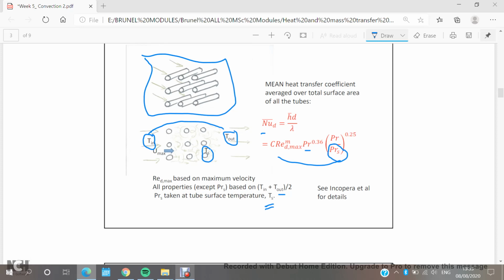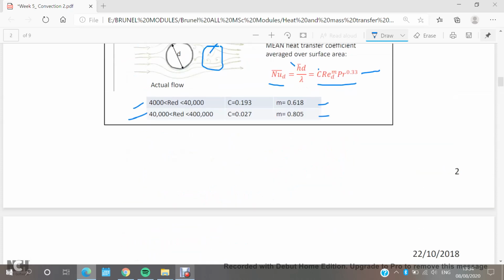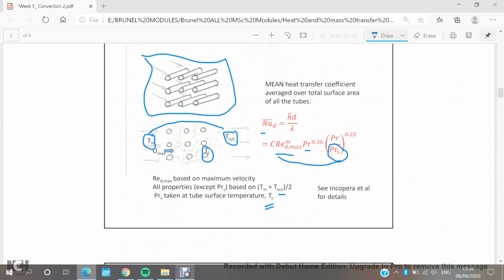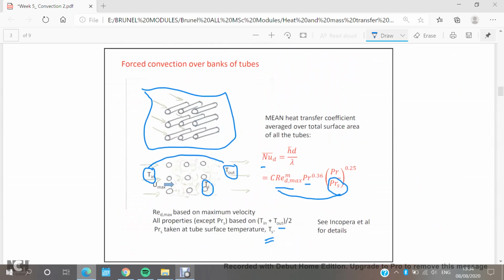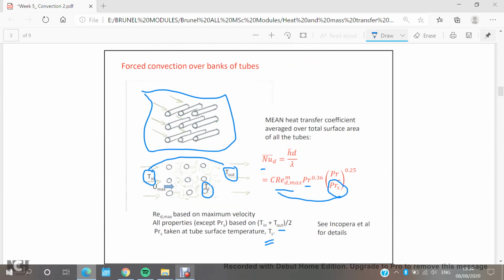I can calculate the Nusselt number easily from this equation by having the Prandtl number and the Reynolds number with respect to diameter, and I have here m and C, which are given by values from the table above, based on the type of flow itself, like laminar or turbulent. Great, so by knowing the heat transfer coefficient, I can calculate the heat transfer rate between the tubes and the flow.